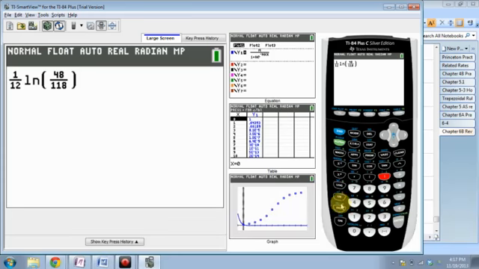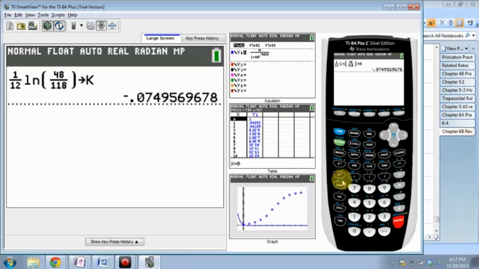Yeah. And what was the second one? It was t minus 72 equals 118 e to the 25k t. Oh yeah, k, sorry. k plus 72.